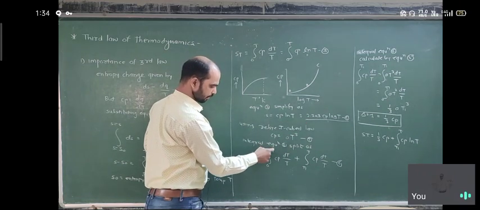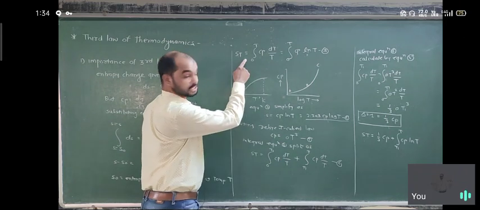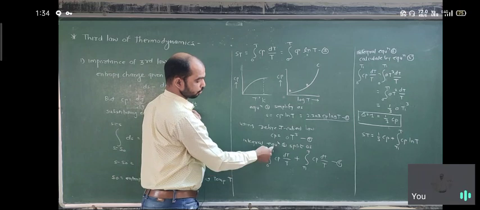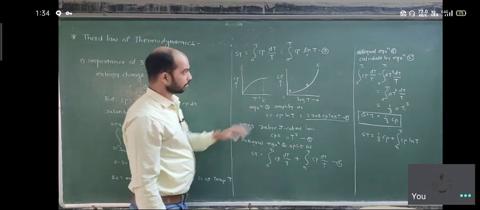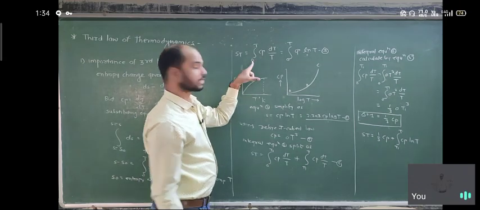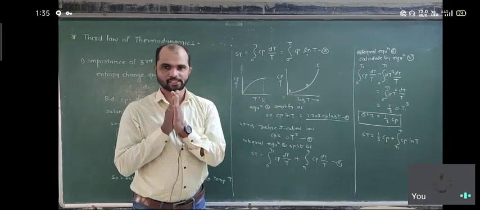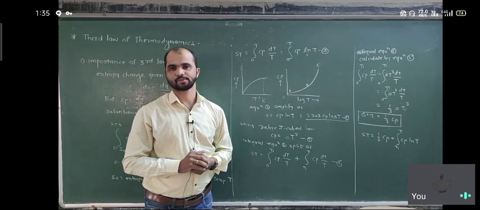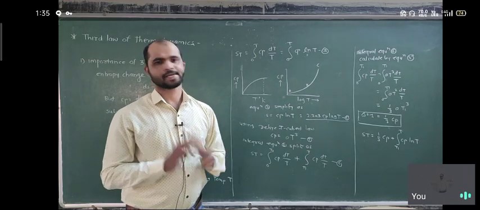When we split this integral equation 3, we have the integral from 0 to T, the limit is given, Cp dT, plus the second part. We consider temperature 0 to T, but it is difficult to calculate the entropy at 0 temperature because below 15 Kelvin it is impossible.